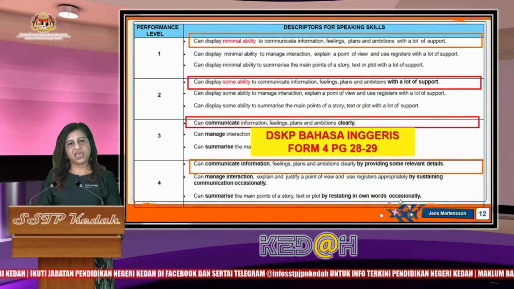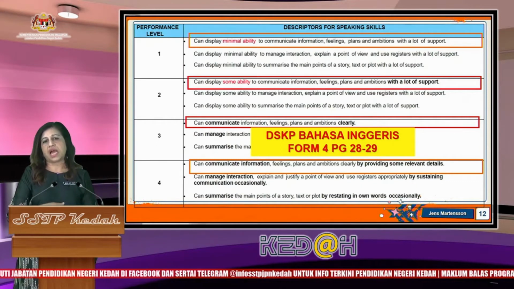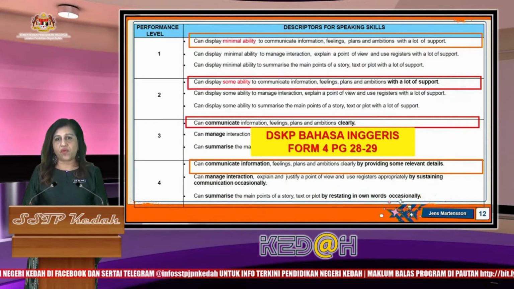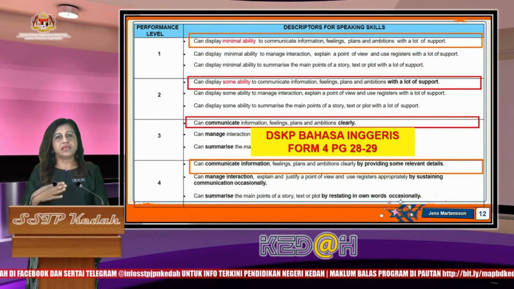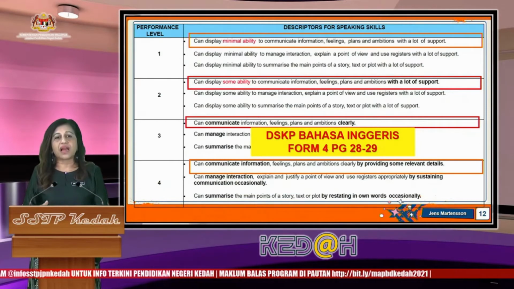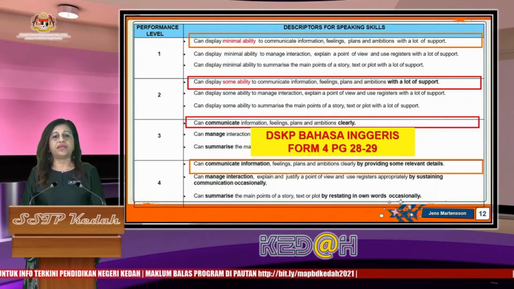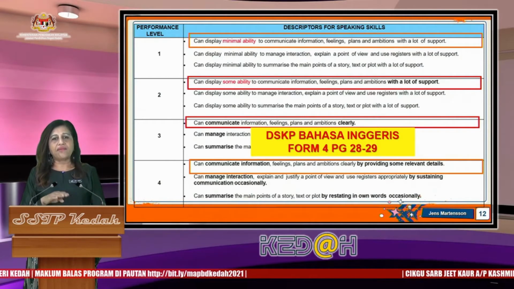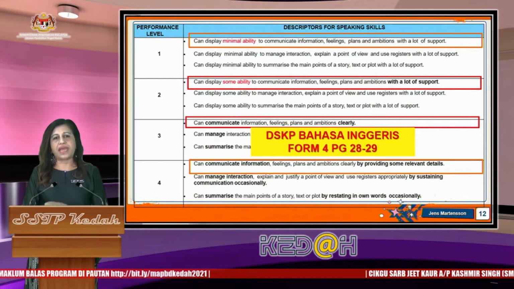Now, what is this? Well, teachers, this is the one which I was sharing with you earlier, the performance level for each skill. Well, this is the performance level for speaking skill, and these descriptors I did not come up with on my own. It is found in the SSTP Bahasa Inggeris Form 4, page 28 to 29. Well, as you can see, every performance level has been given 3 descriptors.